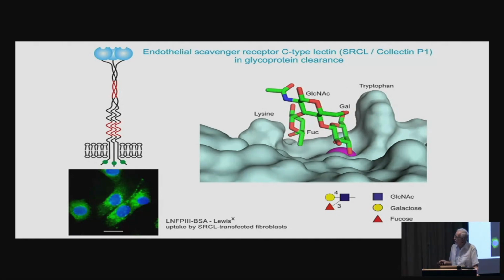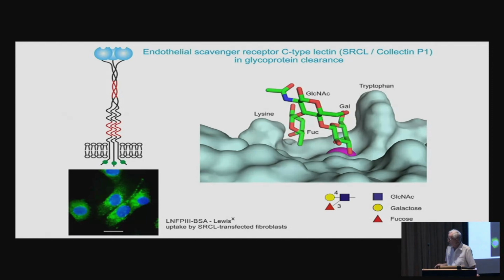And there is a receptor, the scavenger receptor C-type lectin, also known as galectin P1, which has a sugar binding domain way out at the end of all this stuff that specifically binds that trisaccharide motif. That gives it the ability to take up Lewis X containing structures and do endocytosis.